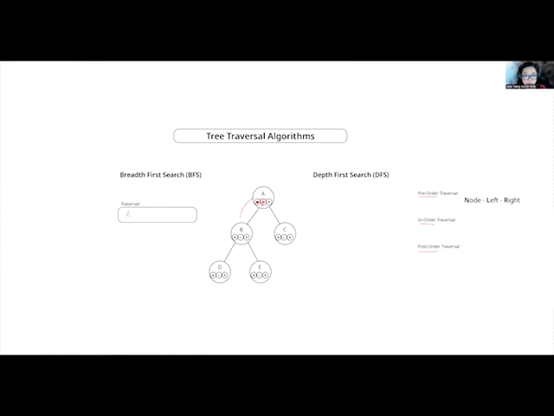And then once we are now in node B, we will record the node and then traverse left. And then you will record the node D. And then you will attempt to traverse left, but because there's no left node, there's nothing to do there.